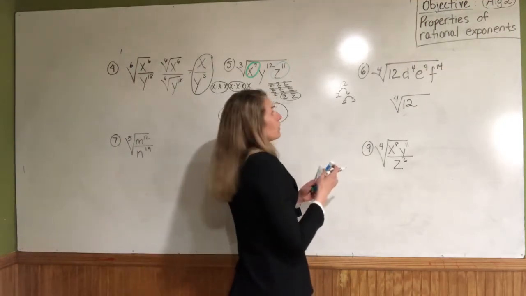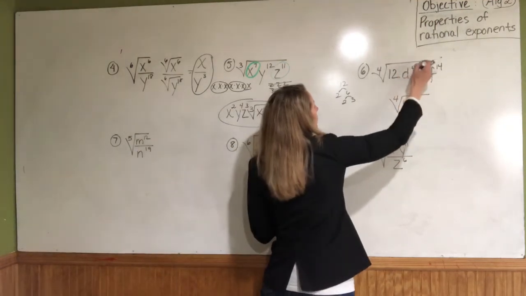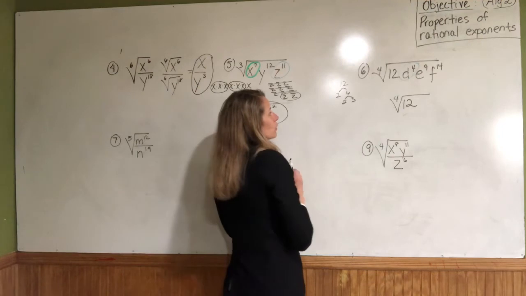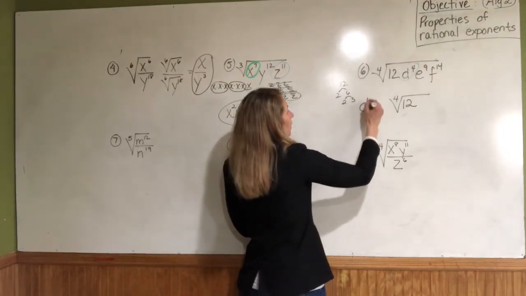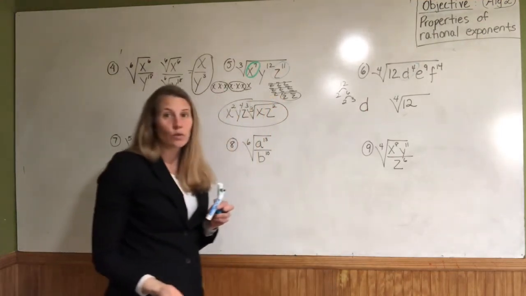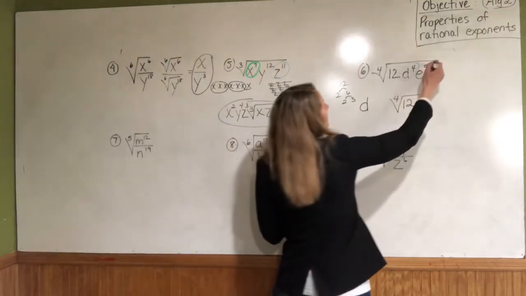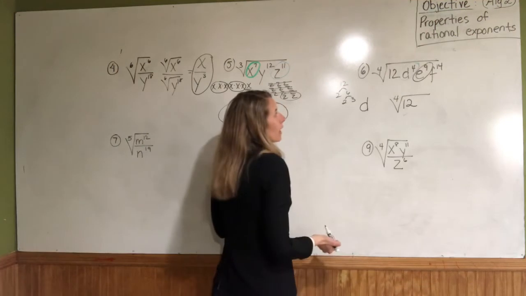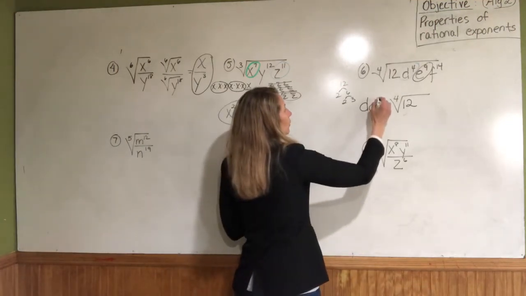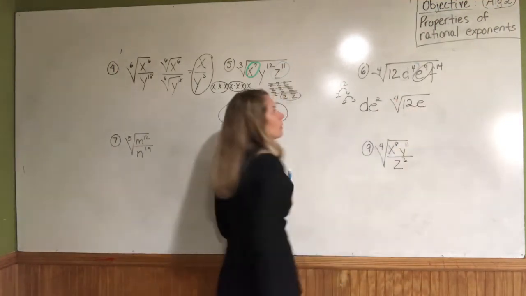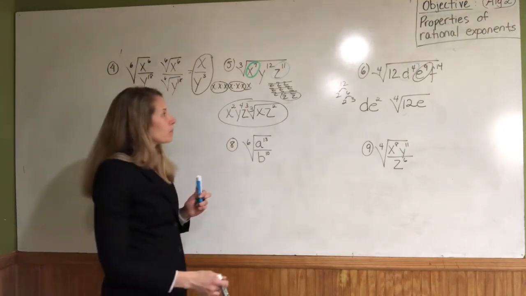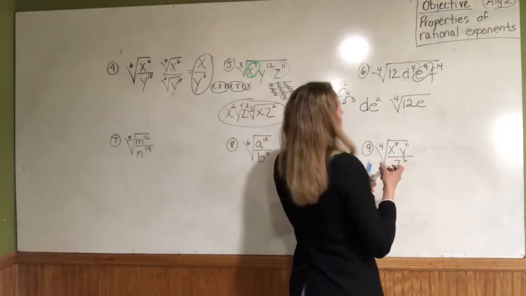So now we have the d to the 4th. 4 divided by 4 is just 1, so we have just that 1 d coming out. There's no remainder, so nothing left to keep inside. Then we want to look at our e to the 9th. 9 divided by 4 is 2, and there's a remainder of 1, so that'll be 1 e left on the inside. And then we have our f to the 14th.